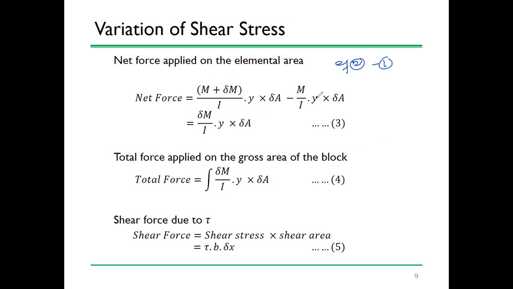Now when we expand this, you note that we have M here, which is positive, and M here, which is negative, so this will go. We have delta M over I left here times y. So we can factorize this out, we have I as a factor here, and when we simplify, we'll get this.